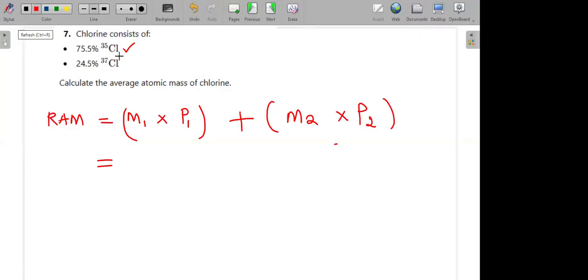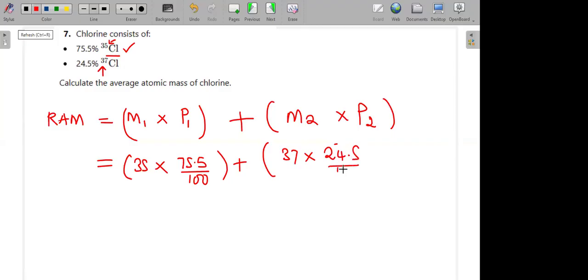Here they've said chlorine 35 because there's a 35 on top there. So that 35 is our mass. So I'm going to say 35 multiplied by the percent for this first isotope, which is 75.5%. So I'll put here 75.5 over 100 because it's a percent. And then plus the mass 2, which is chlorine 37. So that would be 37 multiplied by the percent for 2, which is 24.5 divided by what?